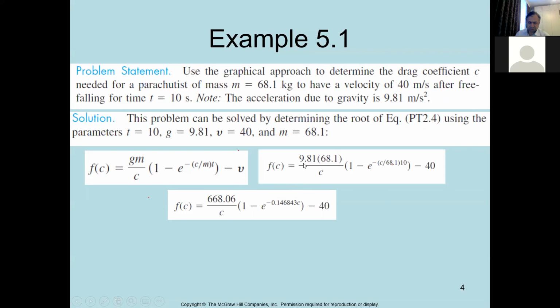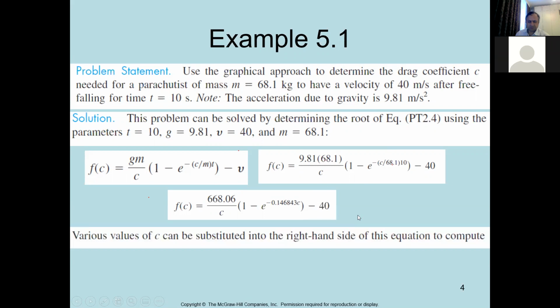We have 9.81 times 68.1 is 668.06, and because 10 over 68.1 is 0.146843, we get 668.06 over C times 1 minus e to the power of minus 0.146843 C, minus 40. Then various values of C can be substituted into the right hand side of this equation to compute the value of f of C.